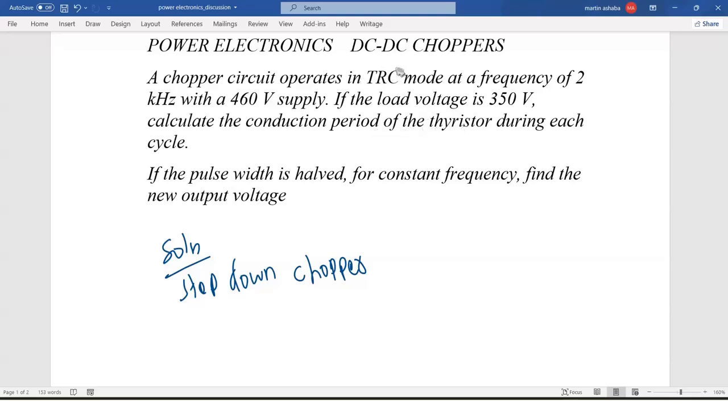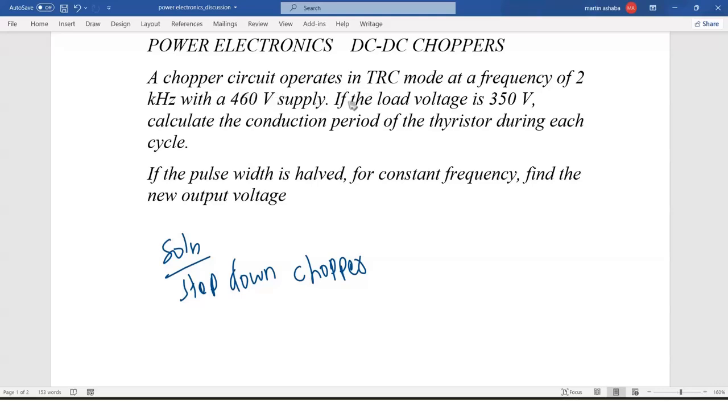But first of all, let me talk briefly about the TRC. Time ratio control mode refers to a type of control of a DC chopper in which we control the output voltage by varying the duty cycle of the chopper.